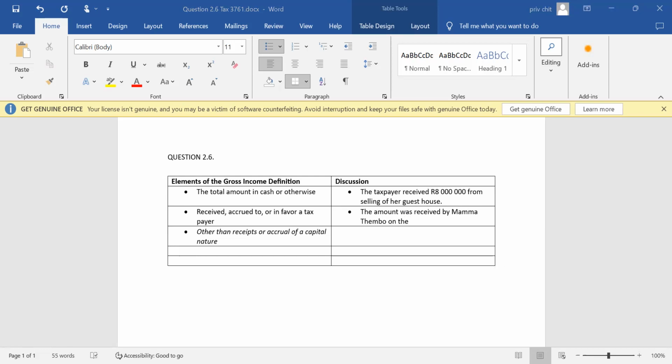When she received it? In December 2020, right? So the amount was received by Mama Tembo in December 2020. They did not necessarily give us a precise date, right? So the amount was received by Mama Tembo in December 2020 for her benefit.